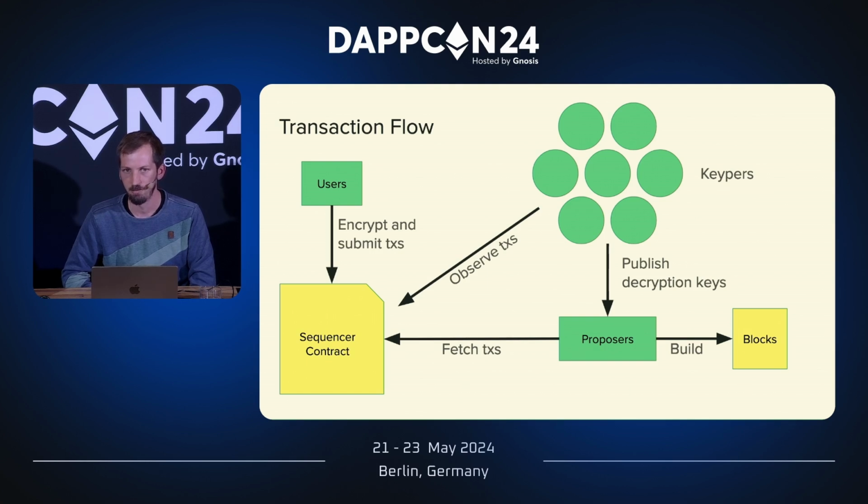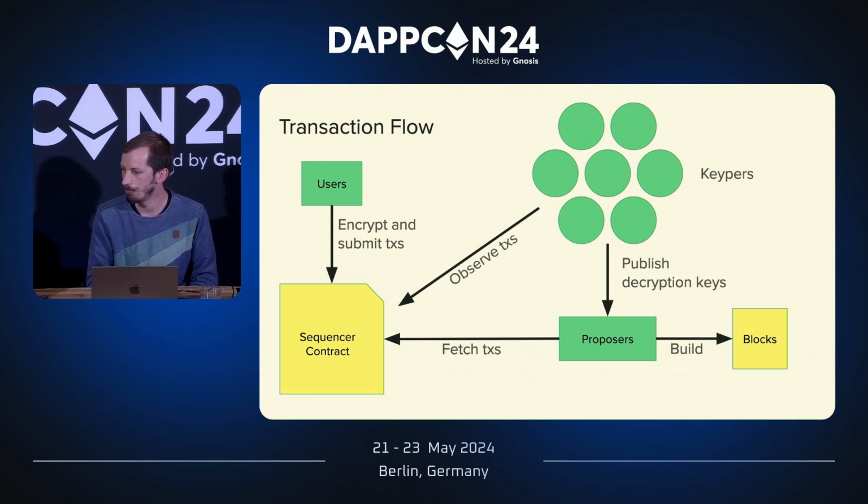Invalid transactions, for example, users might encrypt junk, or they might not even have enough money to send the transaction, or they might have chosen a wrong nonce. Those transactions will just be ignored because otherwise you couldn't build a valid block.